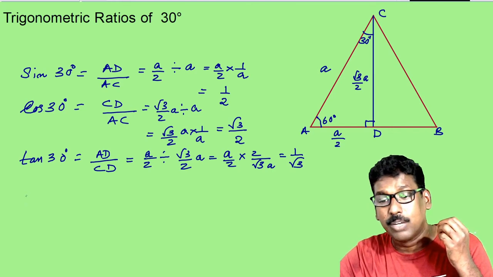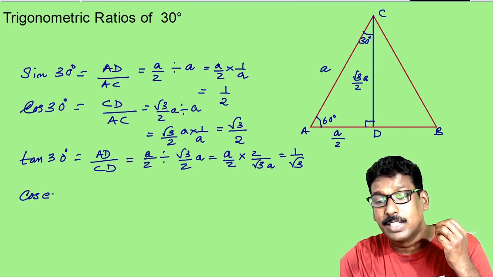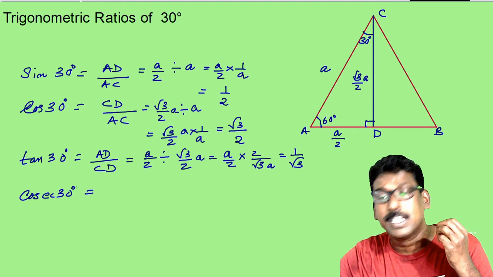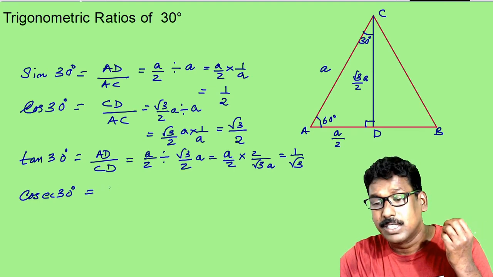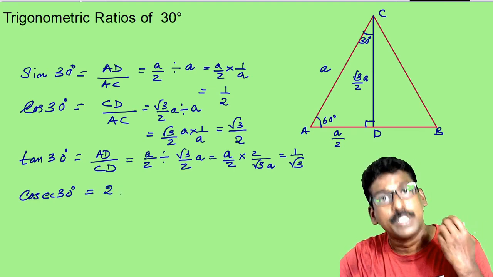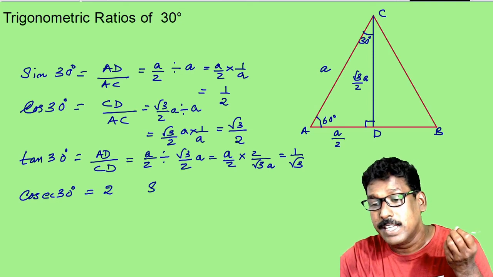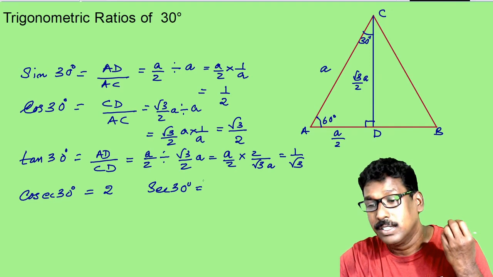Now you can find out cosec 30. Cosec 30 is equal to the reciprocal of sin 30, that is the reciprocal of 1 by 2, which is equal to 2. Sec 30 is the reciprocal of cos 30, so it is equal to 2 by root 3.